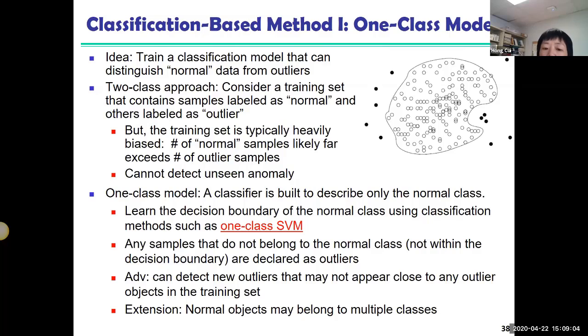I think your question is, if we only have training examples for one normal class, then what are we training? Because we know support vectors find the division boundary between two classes, right? In this case, the one-class support vector machine tries to find the hyperball that would encompass all normal classes.